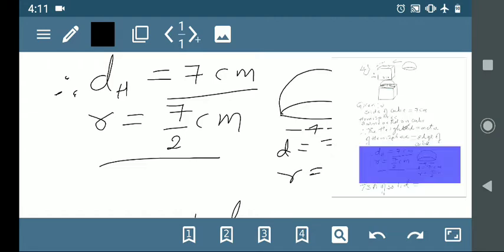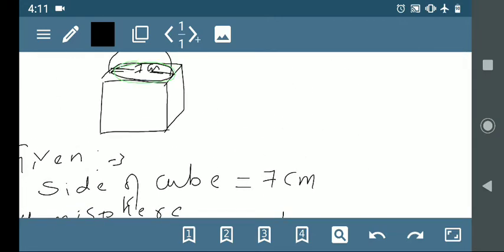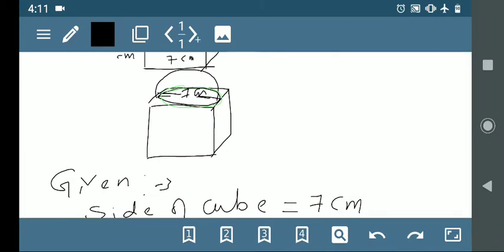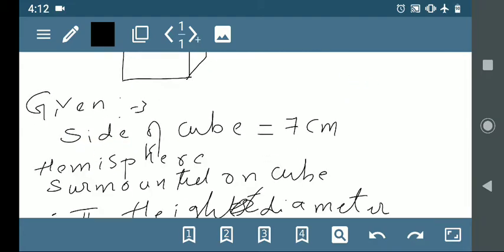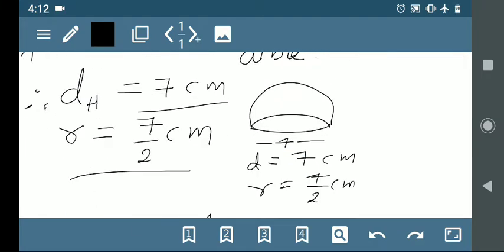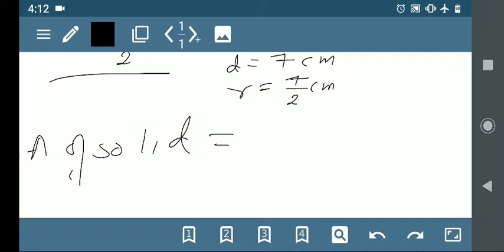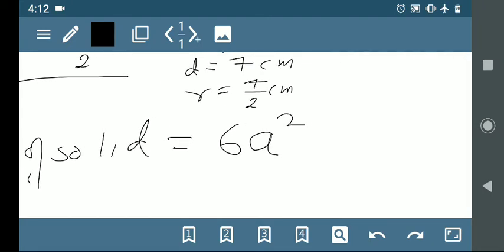So dear students, what we have here, the solid is what? Cube. So the total surface area of a cube is 6a square. Now what is placed on it? Hemisphere is placed on it. So we have to write CSA of hemisphere here.